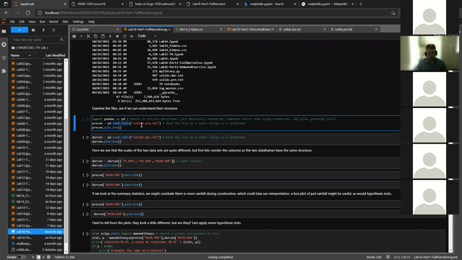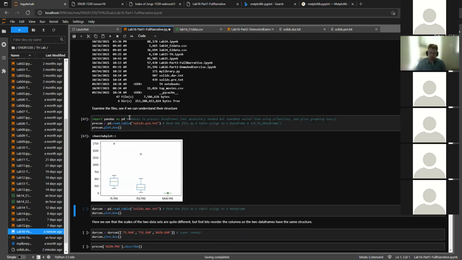And then we're going to use, I would consider it to be txt to DataFrame is kind of what your function is. It's a text file, converts to a data frame. It is called read table. And then we're going to do a box plot.